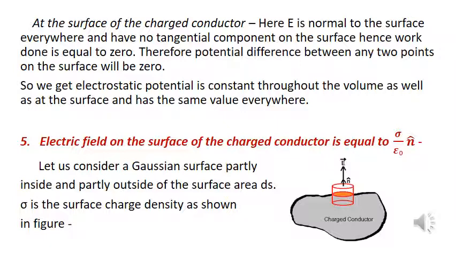The fifth point is that the electrostatic field on the surface of the charged conductor is equal to sigma by epsilon naught n cap. To prove that, let us consider a Gaussian surface partly inside and partly outside of the surface area dS on a conductor.